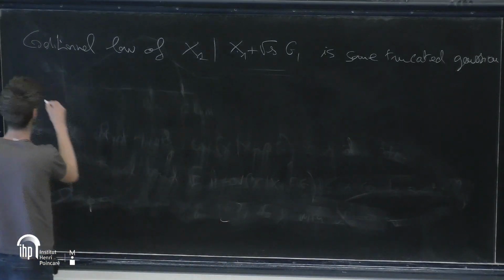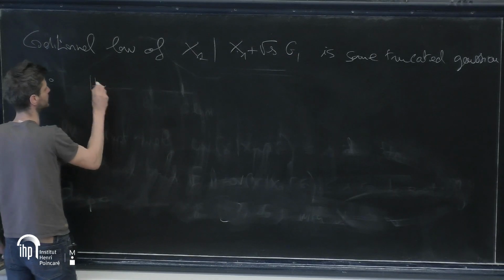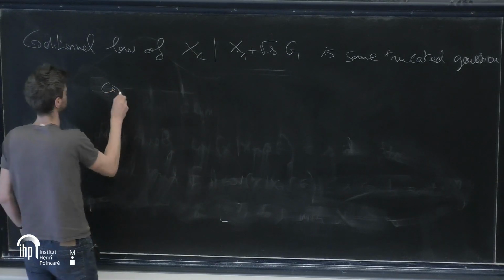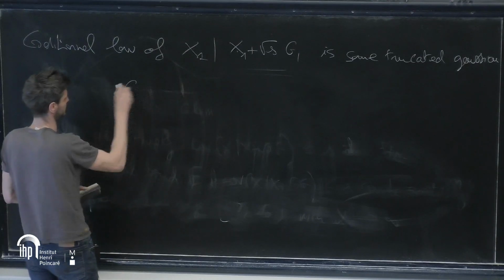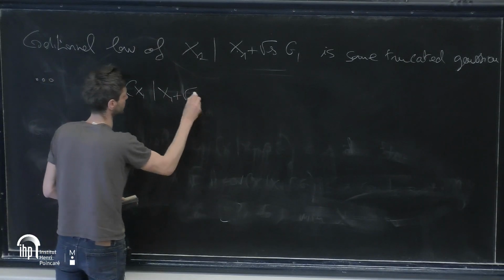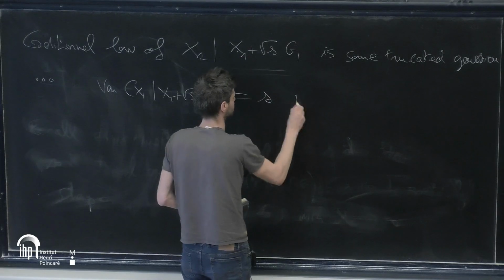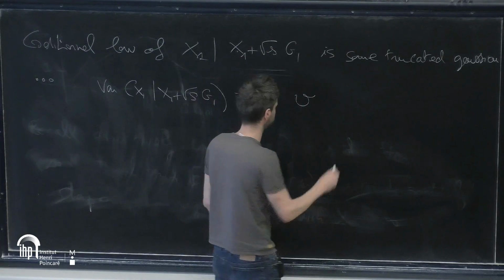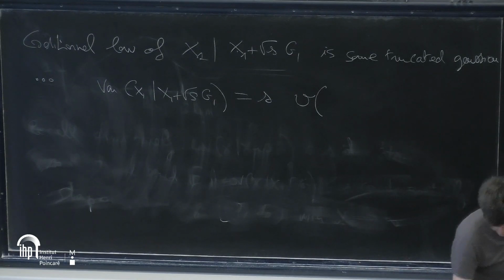You do some algebraic manipulation, and you see that the variance of x1 conditioned on x1 plus square root s g1 is s times some function which I call v, evaluated at a point.